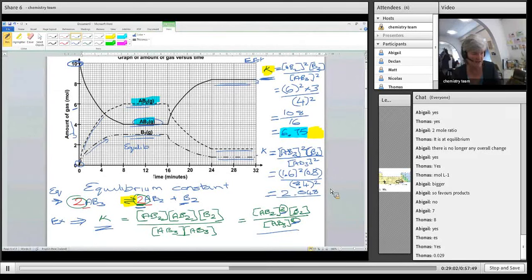I've still got an old-fashioned calculator here. And that's 70.56. And I'll just move all that out.